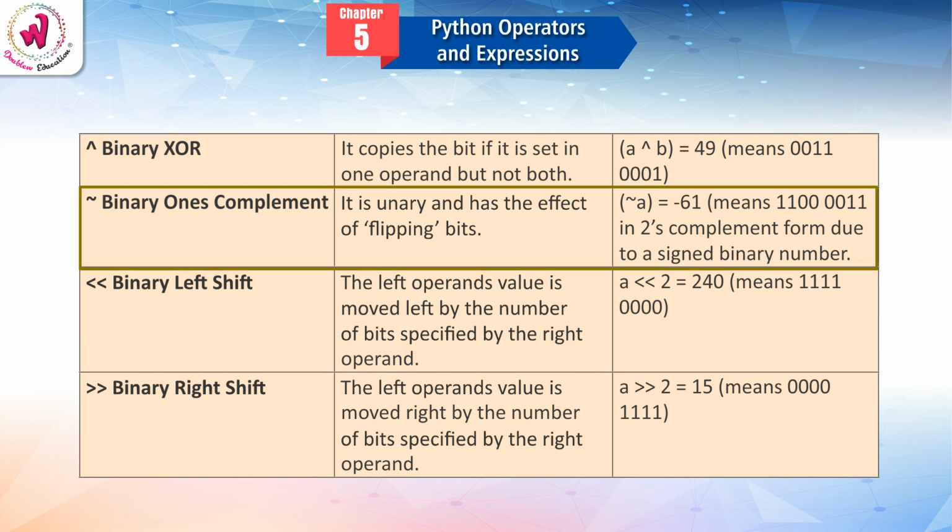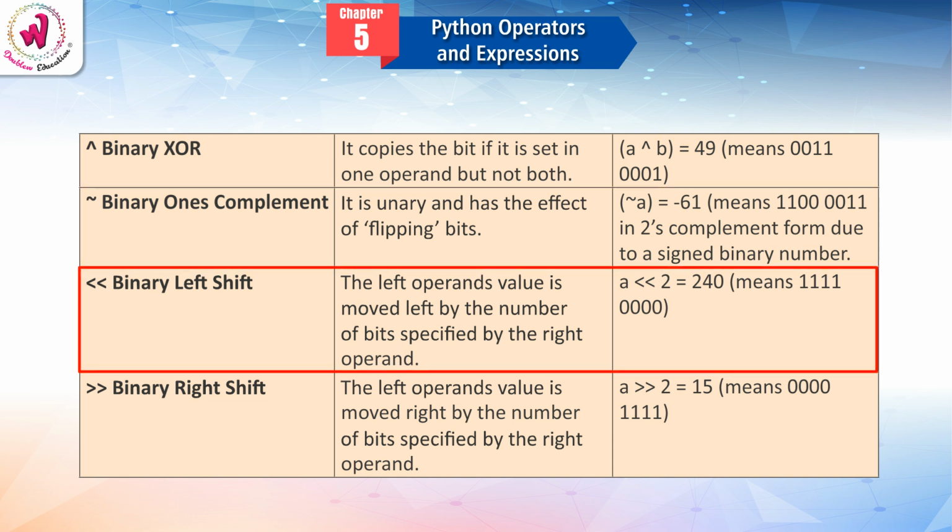Binary ones complement. It is unary and has the effect of flipping bits. Ones complement of A is equal to minus 61, which means 11000011 in 2's complement form due to a signed binary number. Binary left shift.